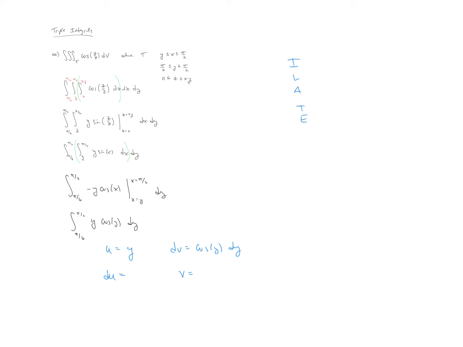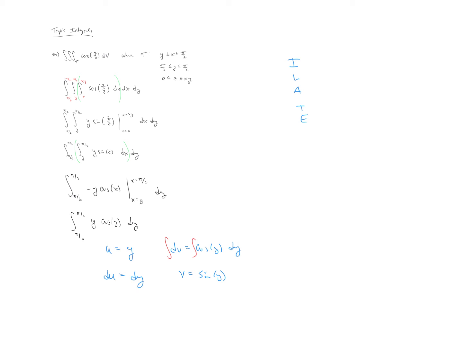So if our u is equal to y, then our du is going to be dy. And then over here, if I integrate both of those, our v is going to be sine of y. So the formula, if you'll remember from Calc 2, was uv minus the integral of v du.